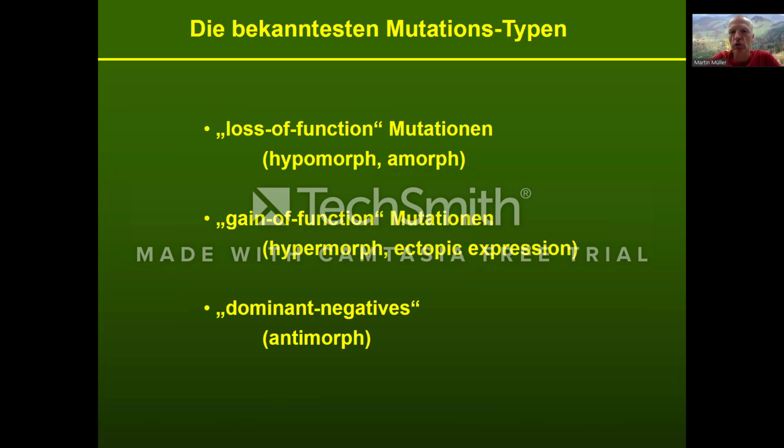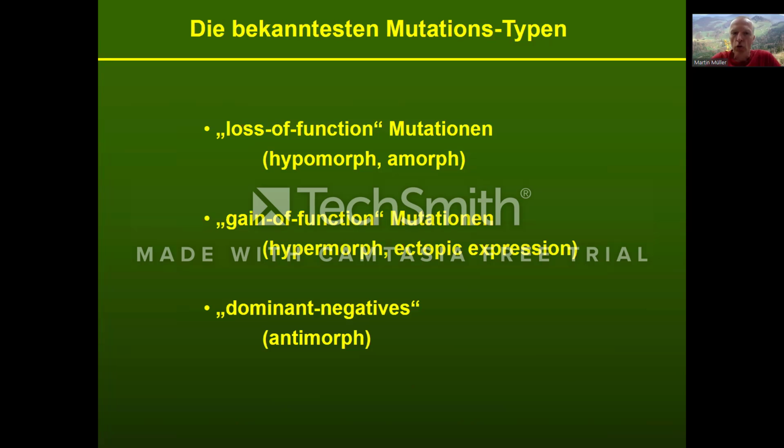For loss of function mutations, you distinguish between hypomorphic and amorphic. Hypomorphic meaning that the gene retains some activity, hasn't lost all. Amorphic meaning it's basically a null mutation. The gene has lost all its activity.